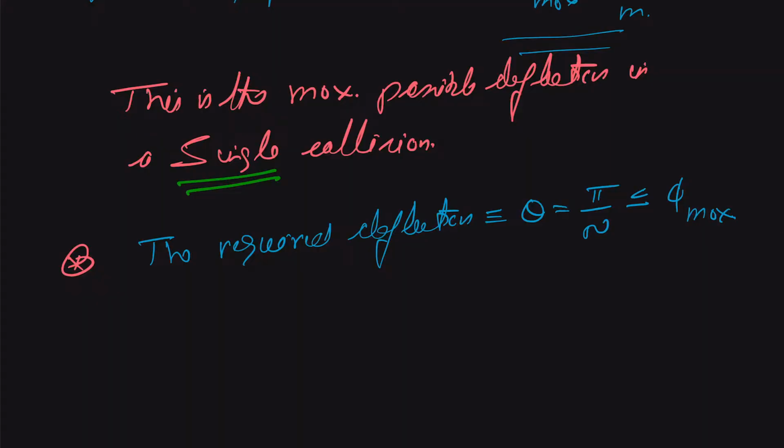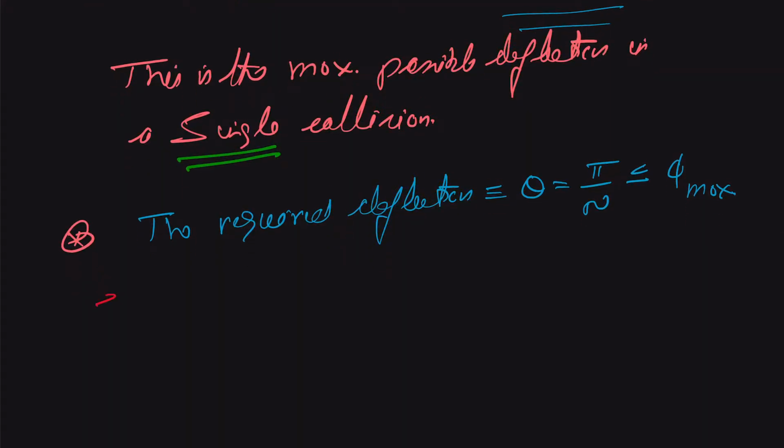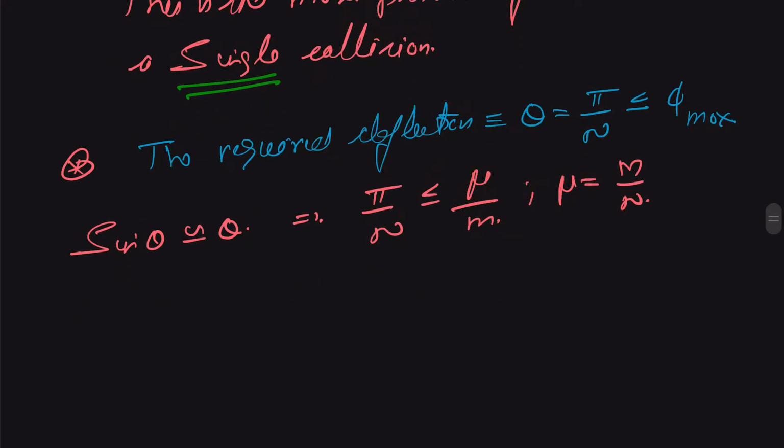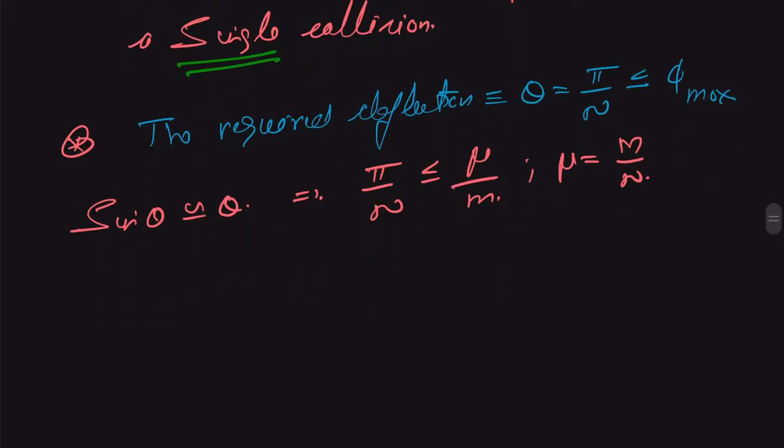And if theta is very small, we can write that sine of theta is approximately equal to theta. Therefore we can say that pi upon n is less than or equal to mu upon m. Okay. And mu we know is capital M upon n. Therefore we get that pi upon n is less than or equal to, this comes as capital M upon n small m.